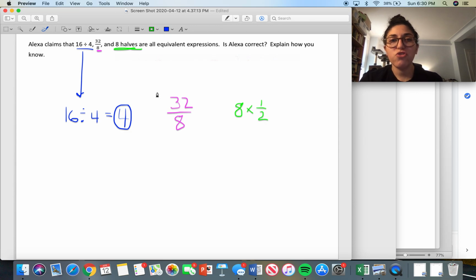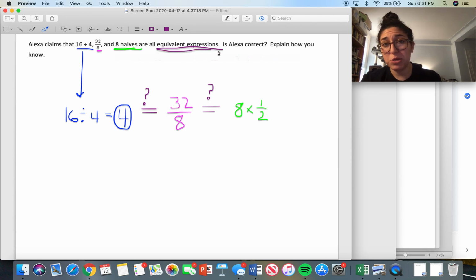We already know 16 divided by 4 is 4. Is that equal to this? And is that equal to this? They all have to be right, because her understanding is that they are all equivalent expressions. We need to find out if she is right.